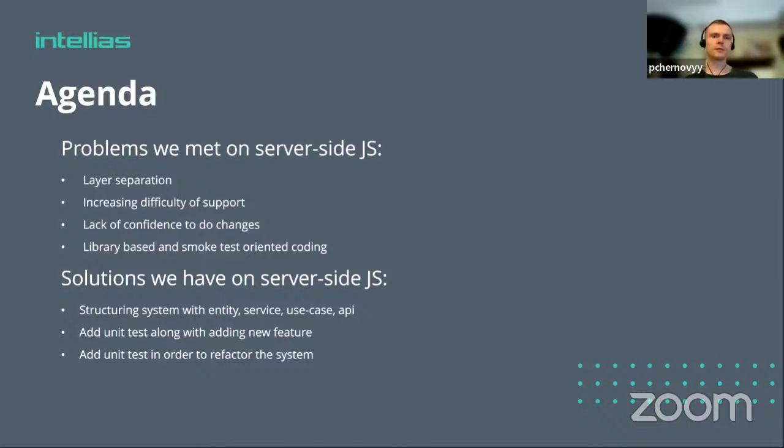Lack of confidence to do changes. What it means is a typical case where an API based on Node.js was produced very quickly, with no tests involved, no unit tests, no end-to-end tests, no tests at all.